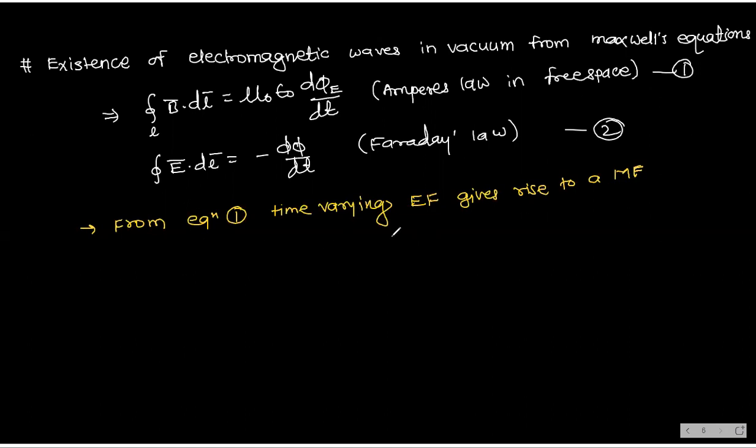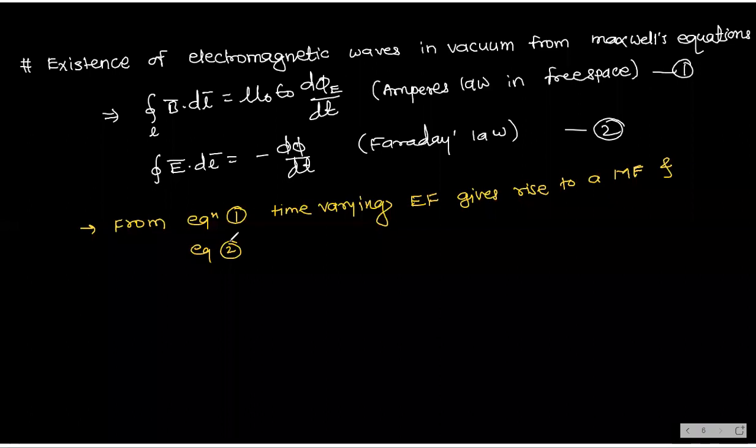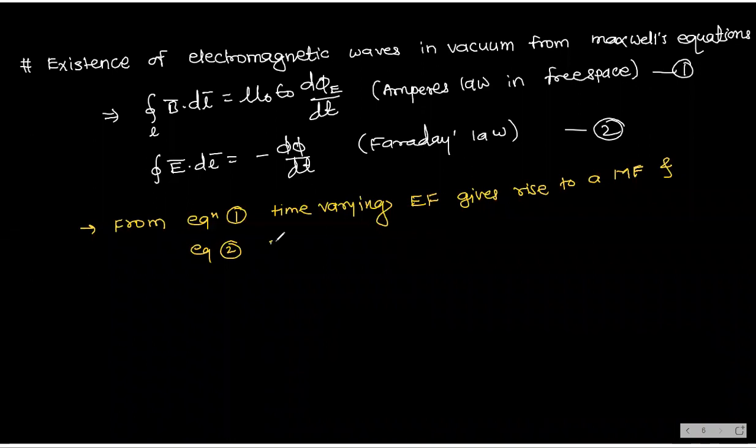And equation 2, which is totally opposite to the first one, says that a time varying magnetic field gives rise to an electric field.